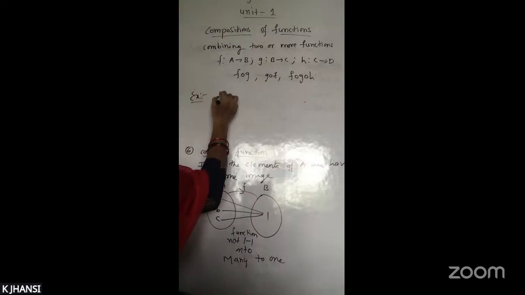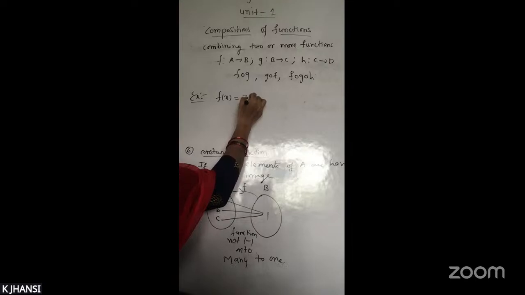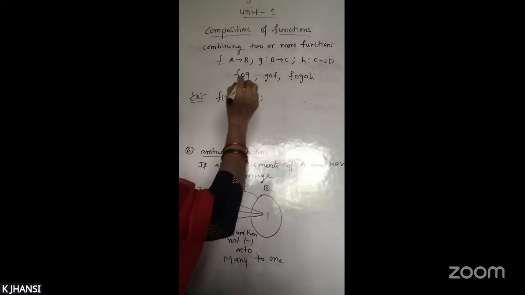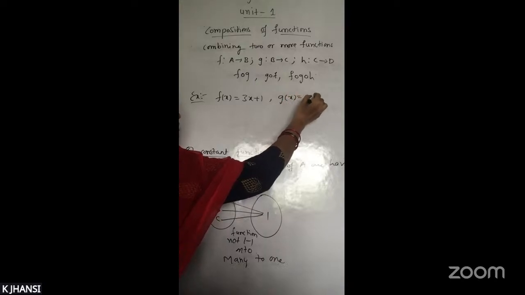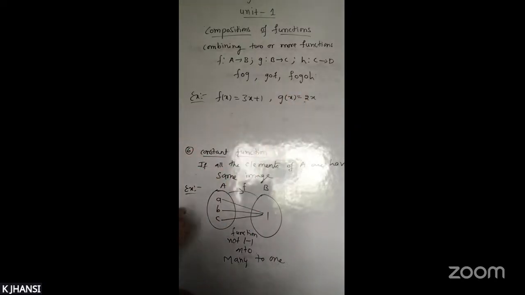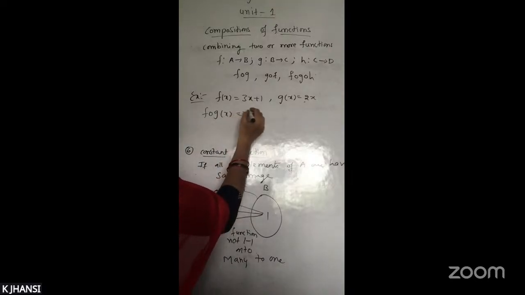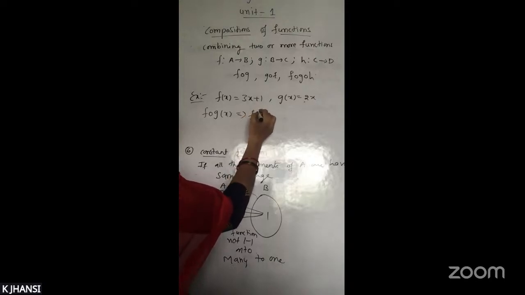So if f of x equals 3x plus 1 and, two functions only, g of x equals 2x. Then find f circle g of x. So how you will write this: you take out the circle and write f of g of x.